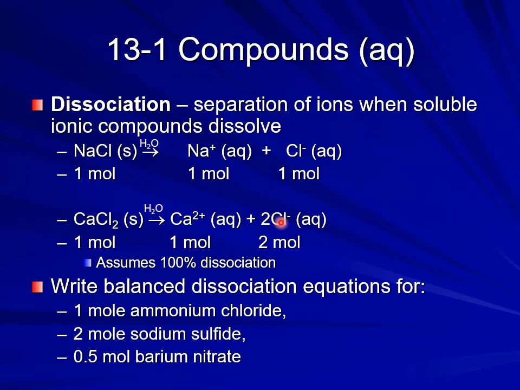Now these are separate from each other, so that's why even though over here it's a subscript, because it's in a compound and it's a solid, over here each of the chloride ions are going to be separated. And so that's why the 2 comes out front of the chloride, indicating 2 independent chloride ions floating around. And of course we have the mole ratio down here, and notice the change in state. They are now aqueous.